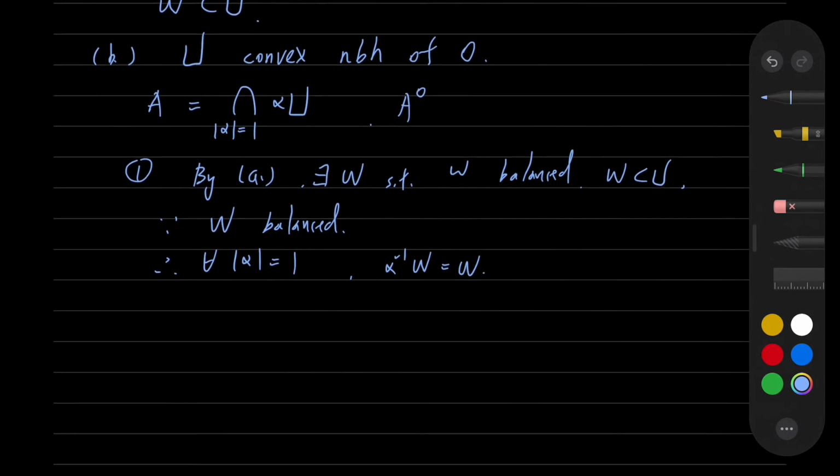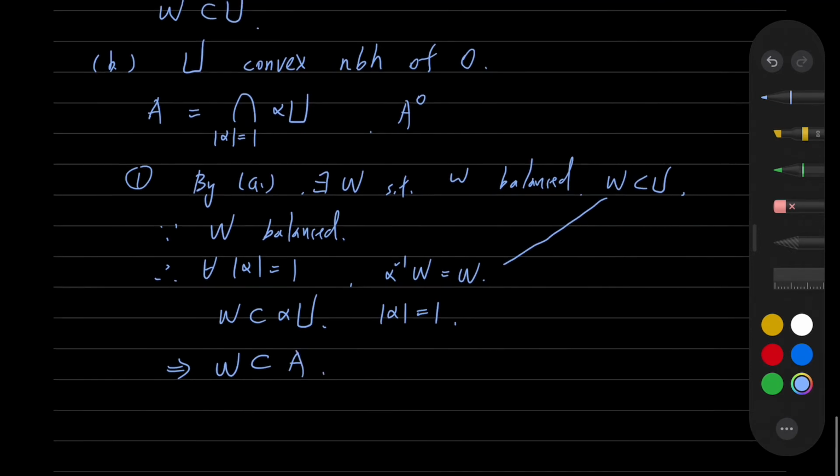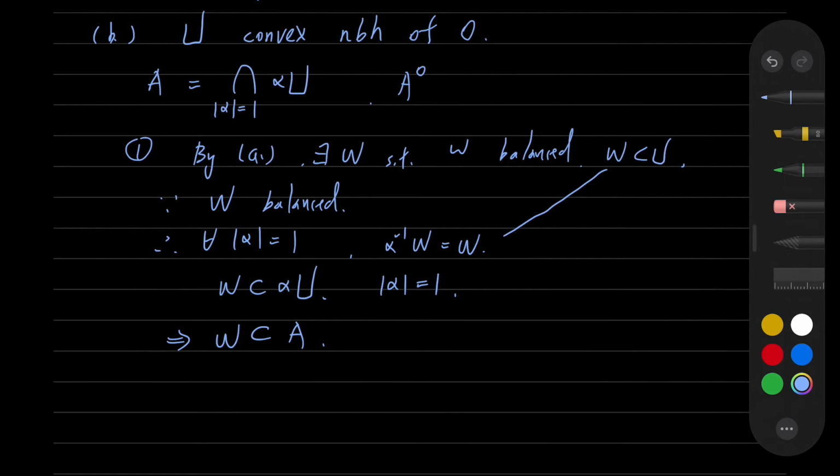Then we just move this to the right hand side, right? Because combining these two equations together, we have the fact that it is contained in alpha U. Because this is true for any alpha with absolute value 1, we see that W is actually inside the set A. Then because W is a neighborhood of 0, hence the interior of A is also a neighborhood of 0. So this is the first step.